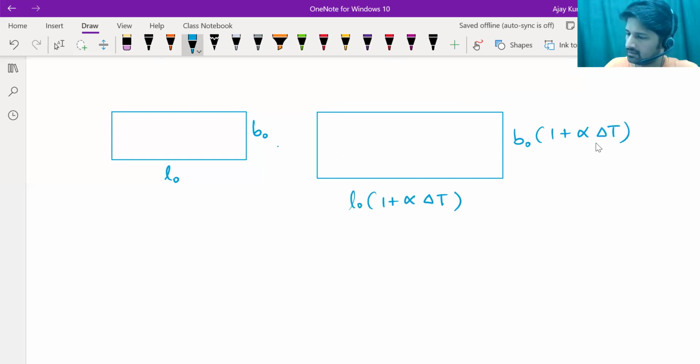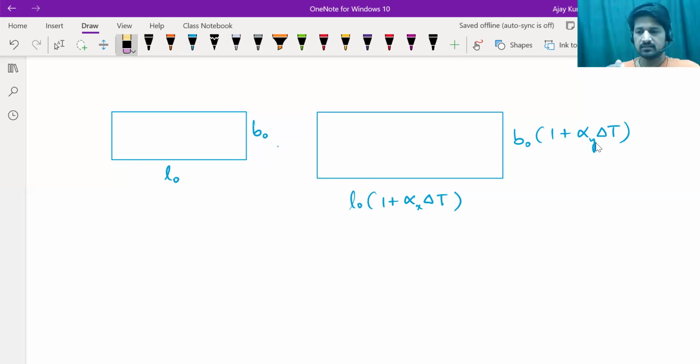Now see, the alpha we use for length is basically alpha in this direction, so you can call it alpha in the x direction. And the alpha you use for breadth should be alpha in this direction, which is alpha in the y direction. Now, here we have to discuss materials in detail.